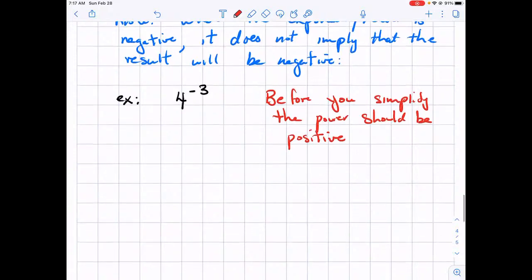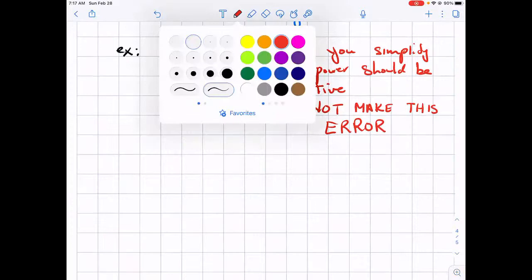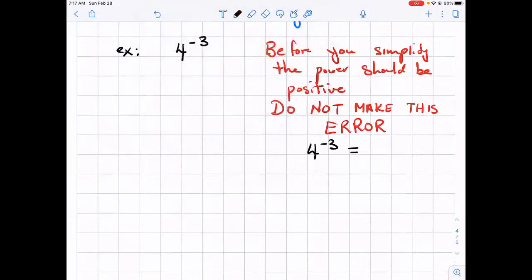Generally, what I see, so do not make this error, is that when we have 4 to the minus 3, some folks say it's 4 times 4 times 4, and that becomes 4 times 4 is 16, 16 times 4 is 64, and they say it's negative. This is wrong. Do not make that error.